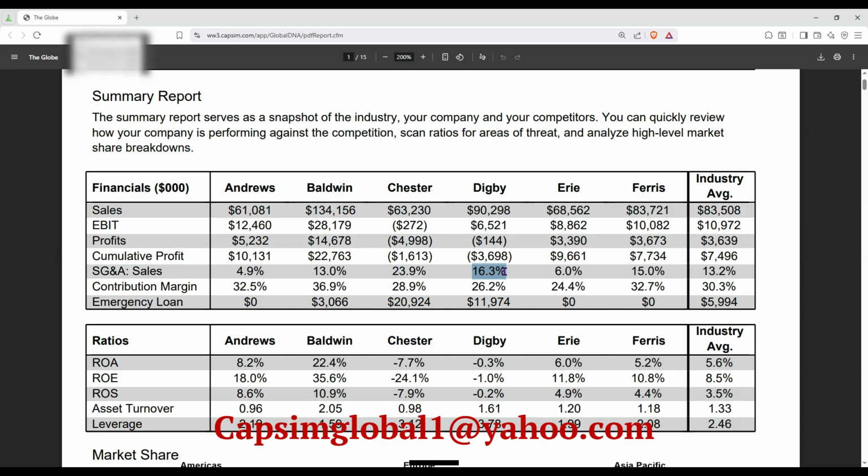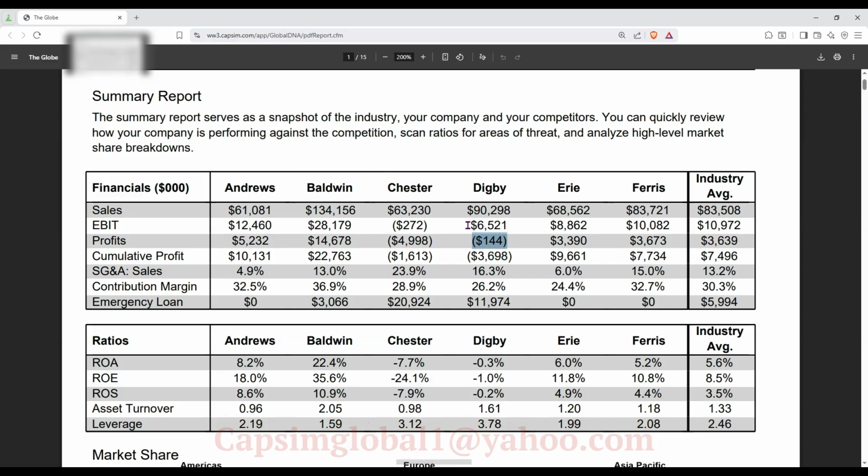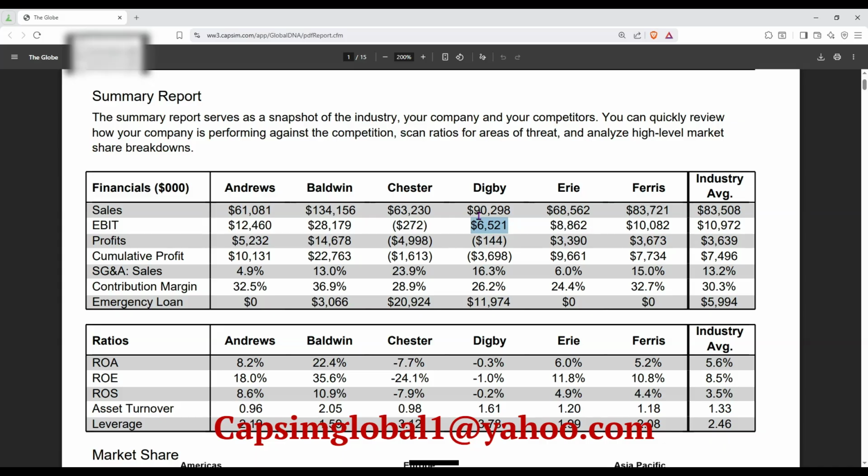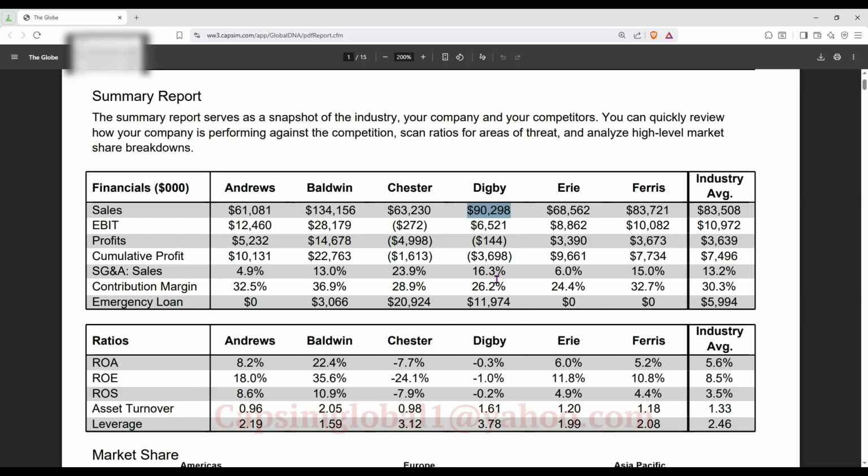SG&A over sales is at 16.3. Cumulative profit is negative 3,689. Profit is negative 144. EBIT is at 6,521, and we have sales of 90,298.